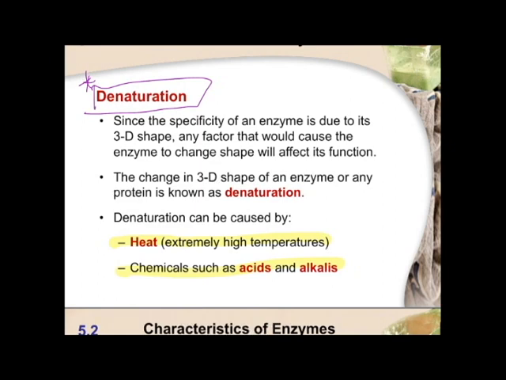Now, if you want to understand more about how the acid and alkali disrupt the active site, just imagine this way: in chemistry we learn about ionic bonds. Your active sites are also held by ionic bonds or covalent bonds, and acid and alkali produce ions that disrupt the charges of the bonds.